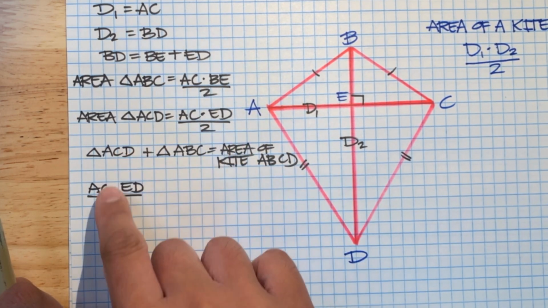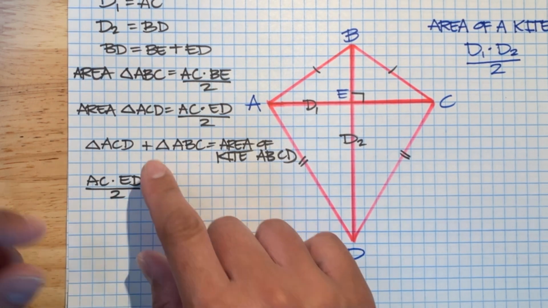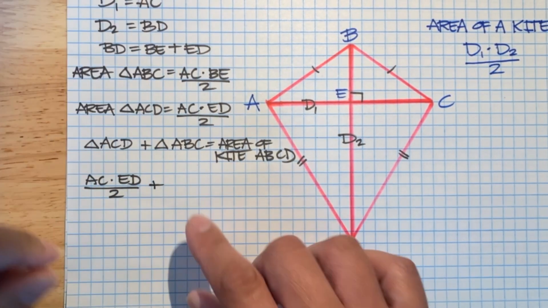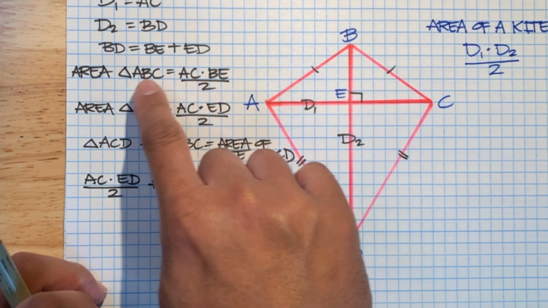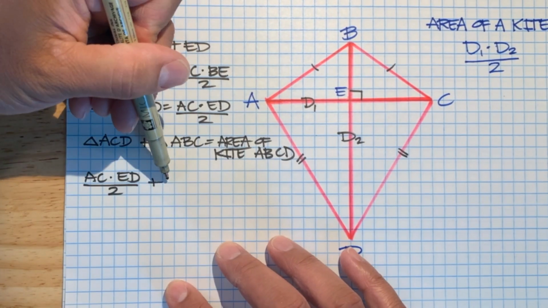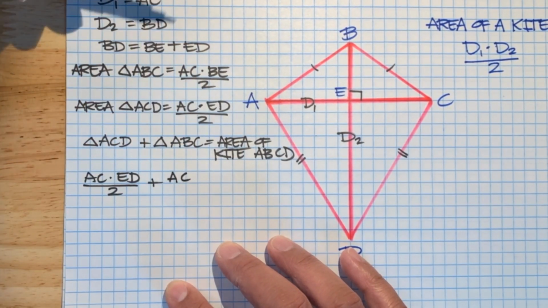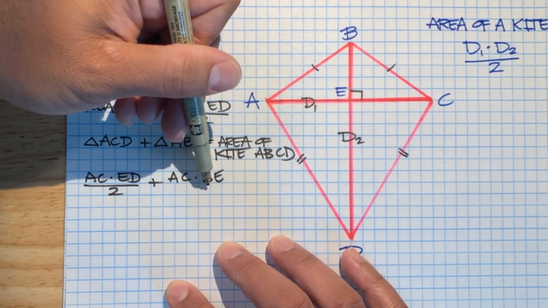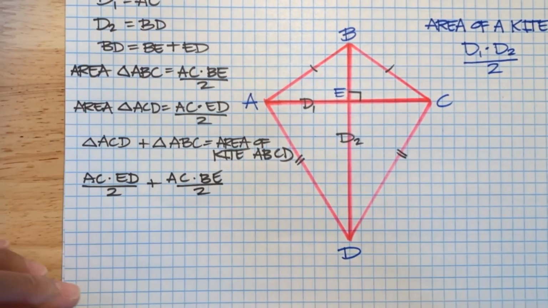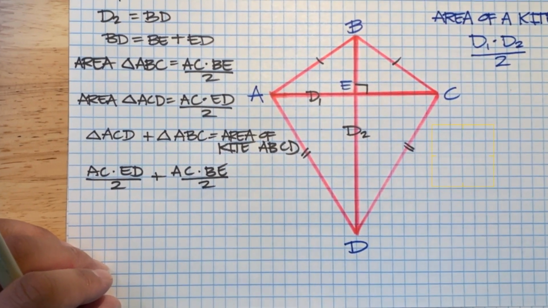So we're just substituting into here. And then plus triangle ABC, which is what we stated here, which is AC times BE over 2, which is the full area of the kite.